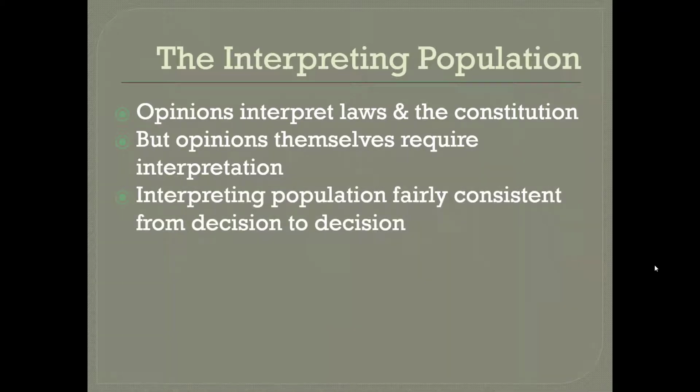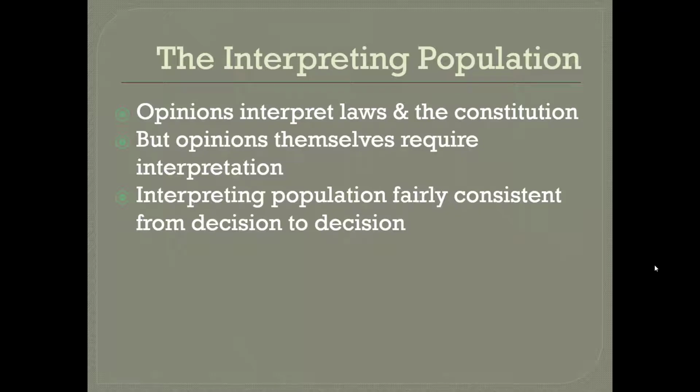Now, the interpreting population is fairly consistent no matter what decision we're talking about. The other two populations will vary from decision to decision, but the interpreting population is the same pretty much regardless of what decision we might be talking about.